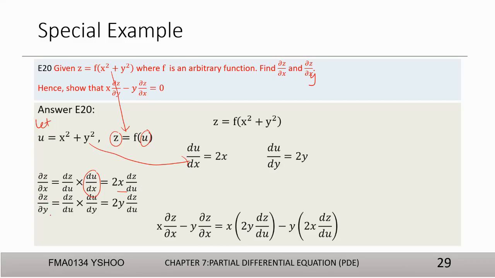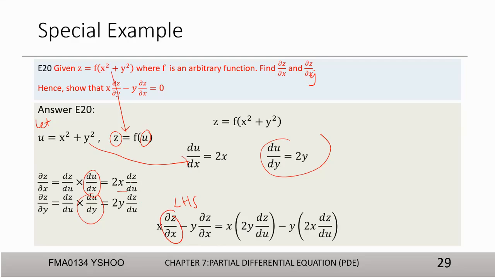So what happens to our del z del y? Same thing, by using the chain rule, dz du multiplied by du dy, so it's 2y dz du. When they ask you to show, what you need to do is copy back the left hand side. This is my left hand side.